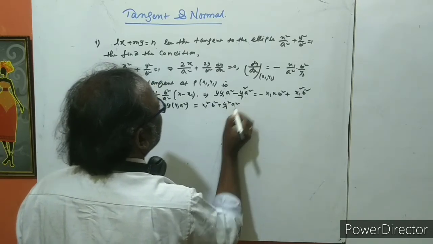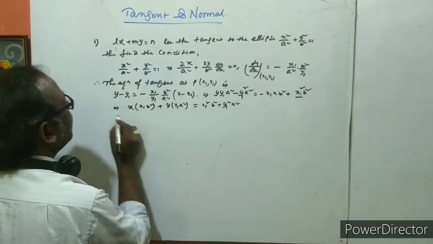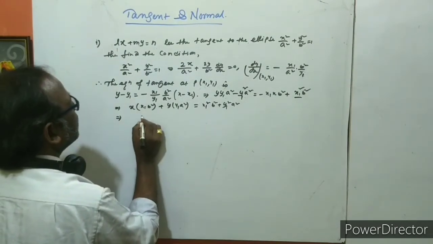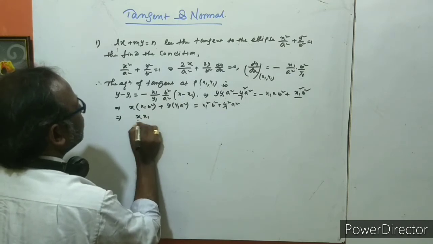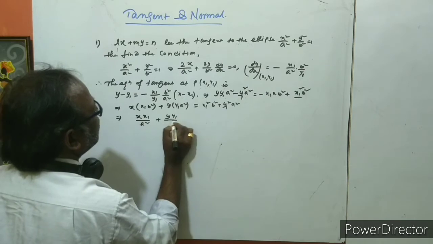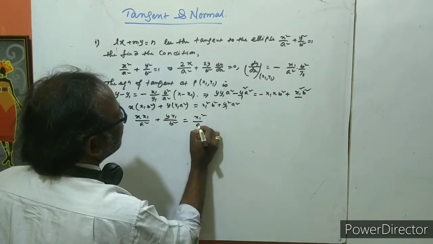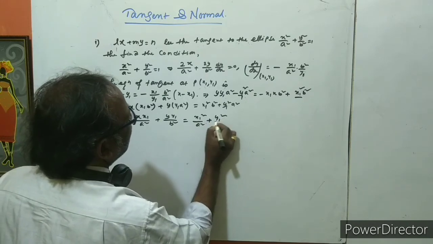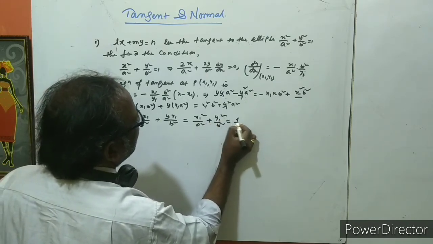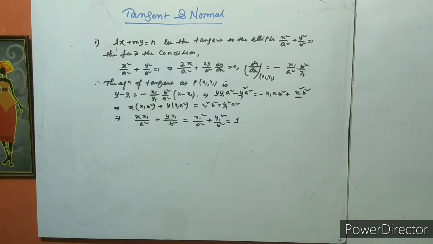Dividing both sides by a square and b square, you get x x1 by a square plus y y1 by b square is equal to 1. This is the equation of the tangent at the point.